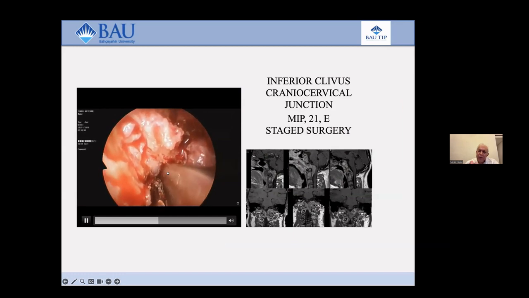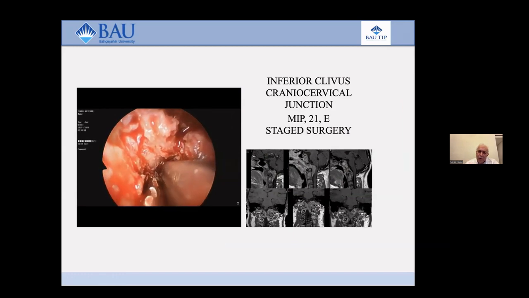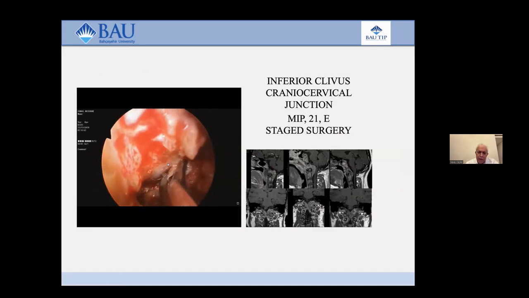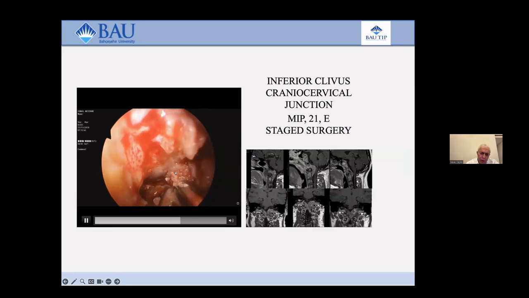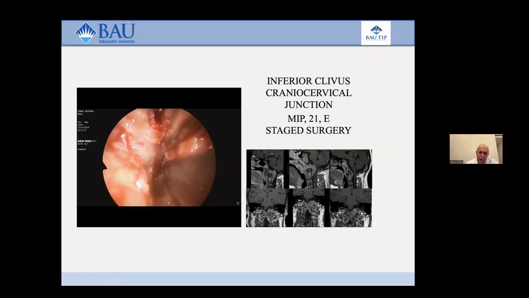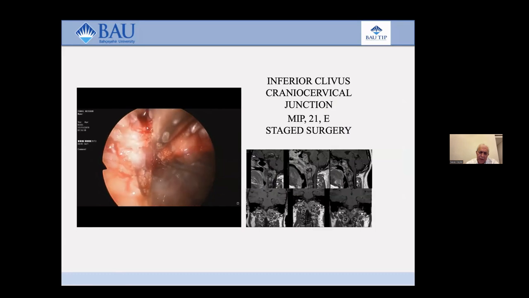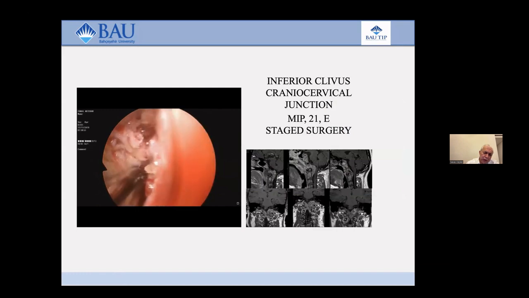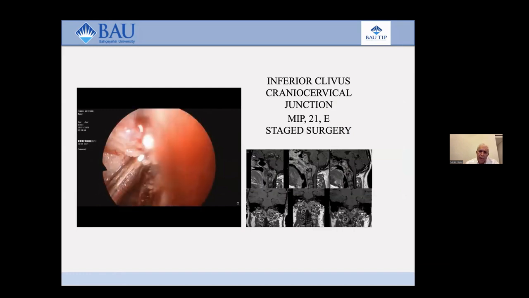In this case, we performed a medial condylectomy to reach the laterally extending tumor. We removed the medial condyle, and then we explored the laterally extending tumor, and this tumor was removed.